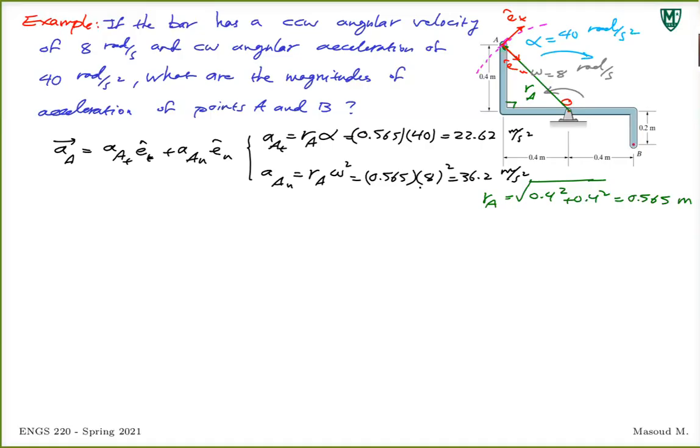So once you know the components, you can find the magnitude. The magnitude of acceleration for point A is basically the square root of AA tangent squared plus AA normal squared.